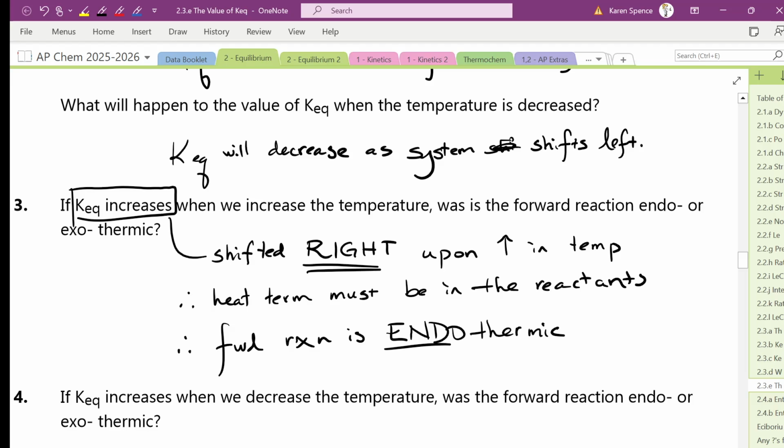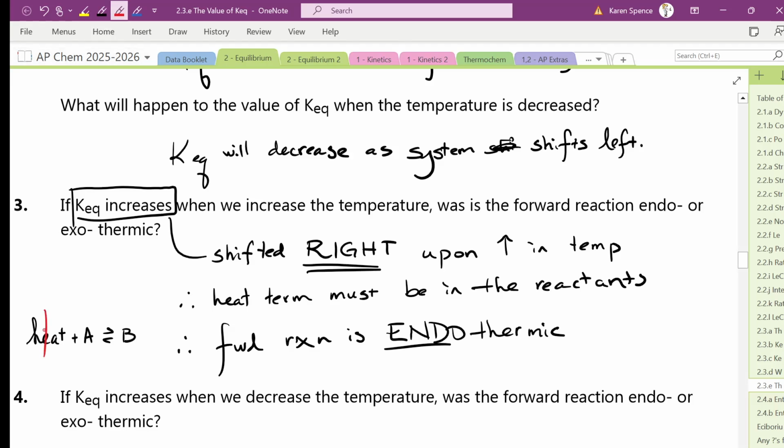I don't know if we need to do example 4. If we've done example 3, it would just be the opposite, right? How do you guys feel about number 3? If KEQ increases, it must have shifted to the right. And if it shifted to the right, that means our heat term must have been in the reactants.